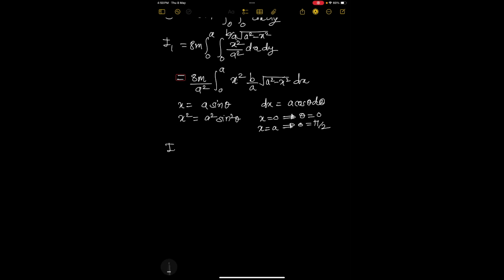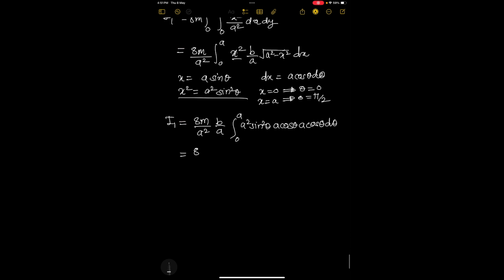Let's use these values in I1. So I1 becomes 8m by a square into b by a, integration of 0 to a. x square is a square sin square theta, then root of a square minus x square is a cos theta, and dx is equal to a cos theta d theta.